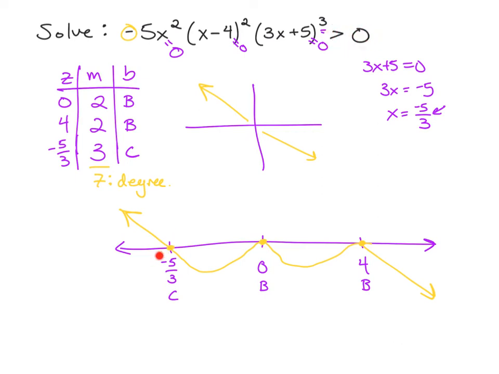But we do not include the zero, so this will be a parenthesis. And we will say this is our only interval that is above the x-axis. So our answer here for where this polynomial is greater than 0 would be -∞ to -5/3.